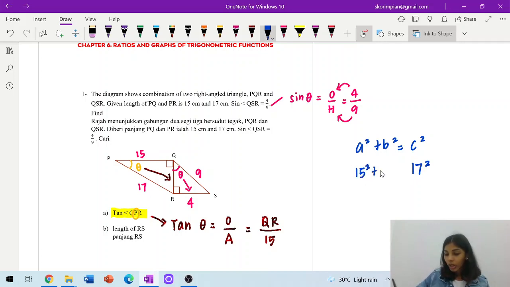Your B square is referring to your QR. Kamu nak cari QR first. So your QR is 17 square minus 15 square, square root the answer. So your QR is equal to 8. So you substitute here, QR is 8. So your answer is tangent theta is equal to 8/15.